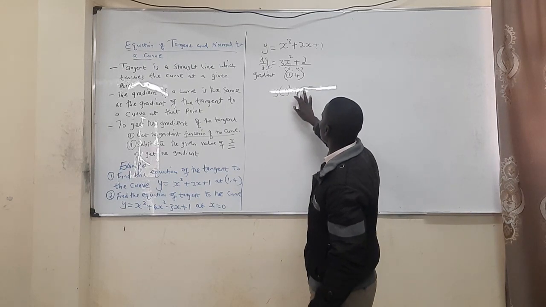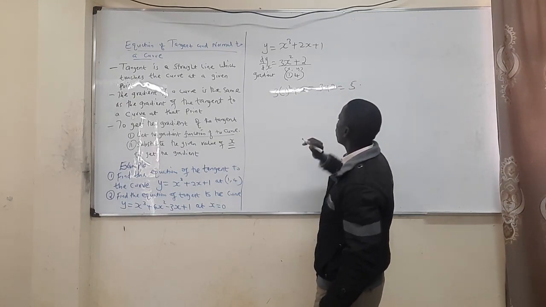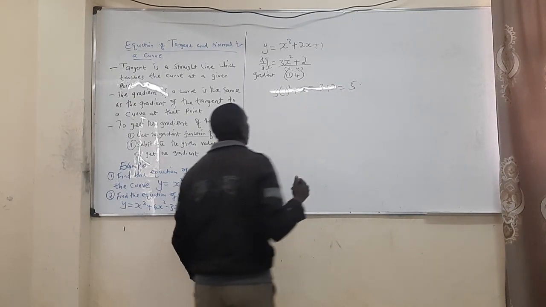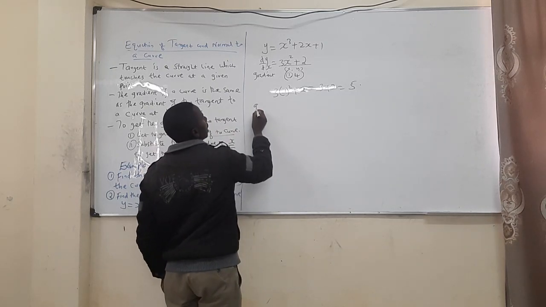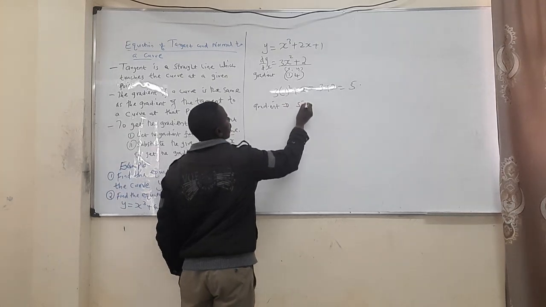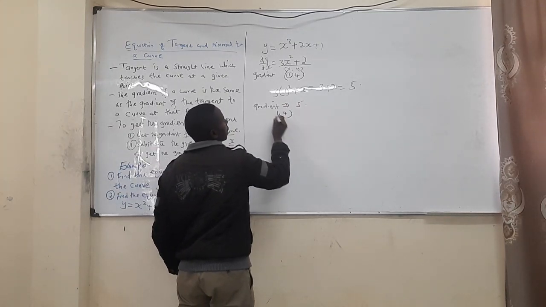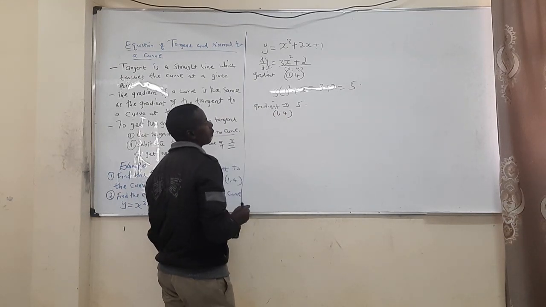So 3 times 1 squared is 3, plus 2, you get 5. So our gradient of the tangent is 5. And we have a point through which the tangent is passing, (1, 4).